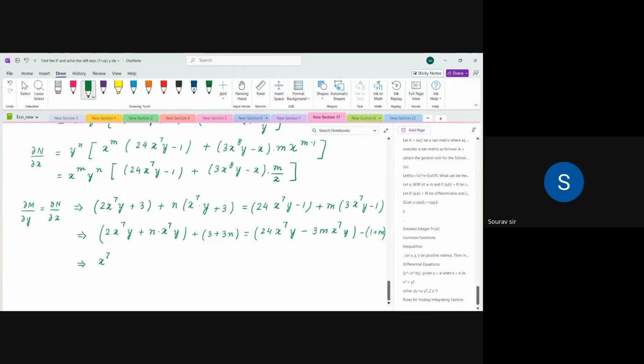So x raised to the power 7y can go out common. This will become 2 plus n. And if you bring all the other terms to the left, so minus 24 plus 3m, right? Plus 3 common 1 plus n plus 1 plus m is equal to 0.